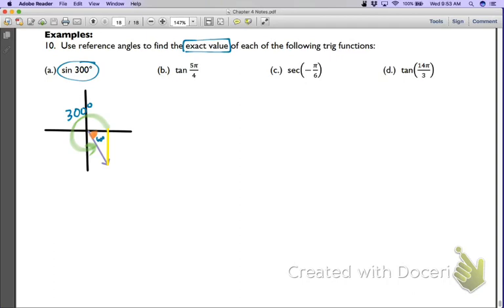So if it's sine of 300, if we are down in quadrant 4, first off, is sine going to be positive or negative? It's going to be negative, right? Because what's positive? It's C, A, S, and T. Okay, so sine of 300 is going to be negative. It's a 60 degree angle.